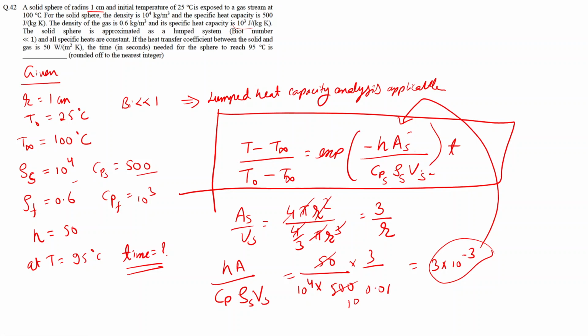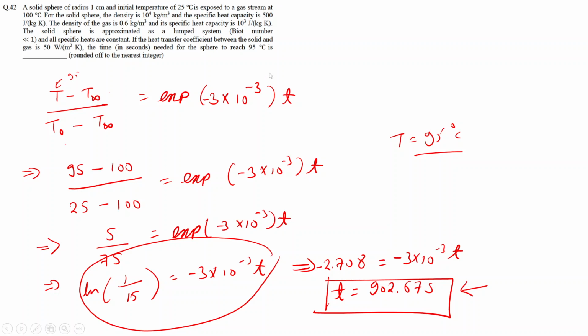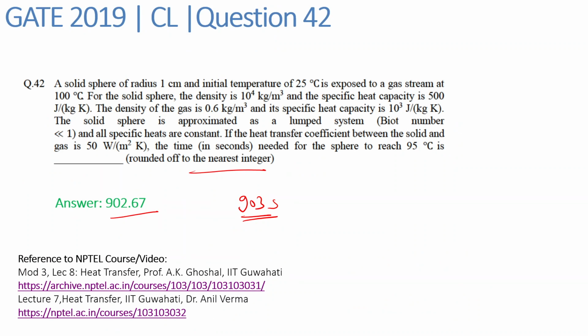That is, lumped heat capacity won't be applicable if the Biot number is not very less than 1. Okay, so if you don't have any doubts, we can move on to the next question.